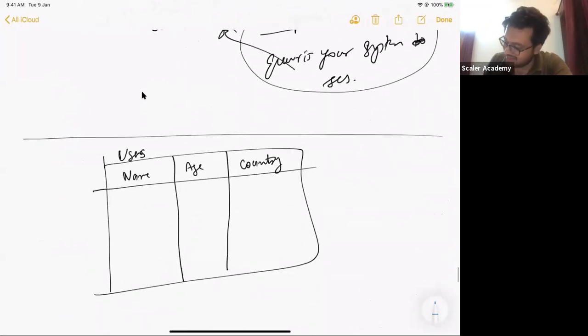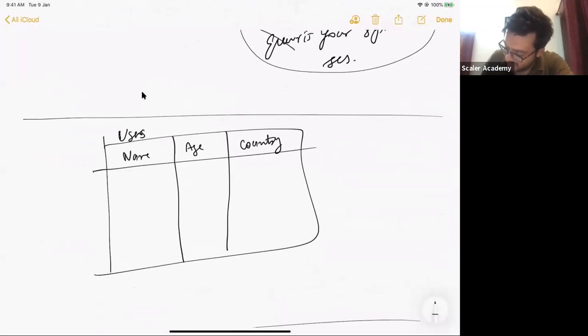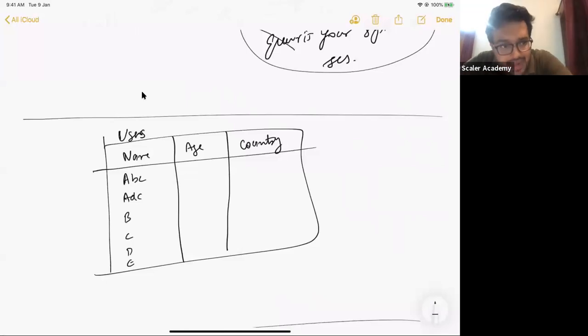So we were looking at this example. Let's assume this is the table that you have. The names start with, let's say, A, B, C. Kisi bande ka naam hai, ADC naam hai. There is a person whose name starts with B, C, D, E. Now let's say the queries that you have are range queries on name.